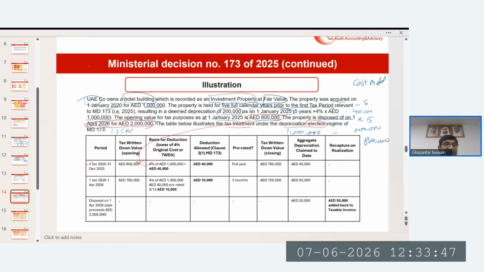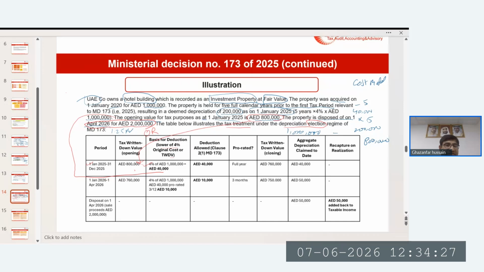Now the basis for tax depreciation is 4% of original cost or tax written down value. 4% of original cost is 40,000, right? We are assuming that in the first year both are the same. Why? Because the tax written down value we already calculated is here, so it is the lower of original cost or tax written down value.